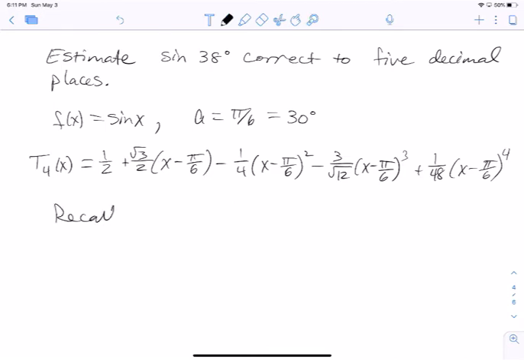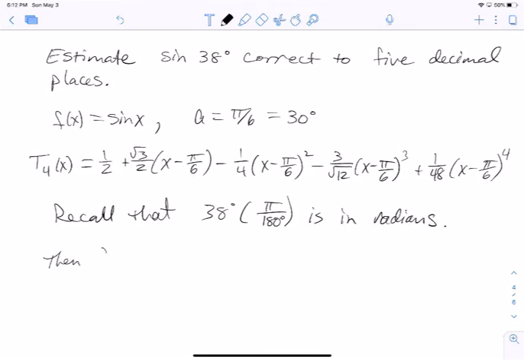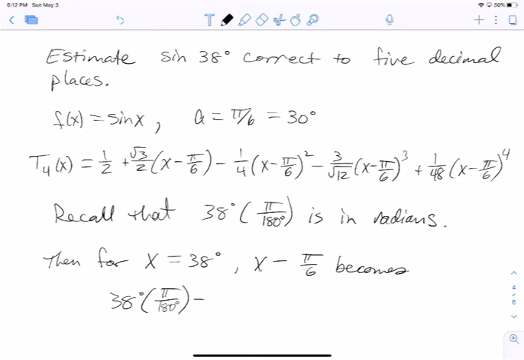So recall that 38 degrees times pi over 180 degrees is in radians. Then, for x equal to 38 degrees, x minus pi over 6 becomes 38 degrees times pi over 180 degrees minus pi over 6.